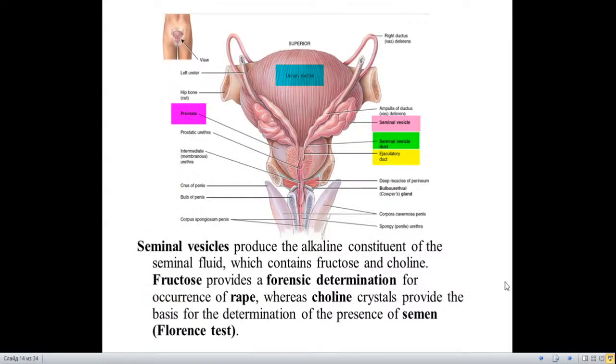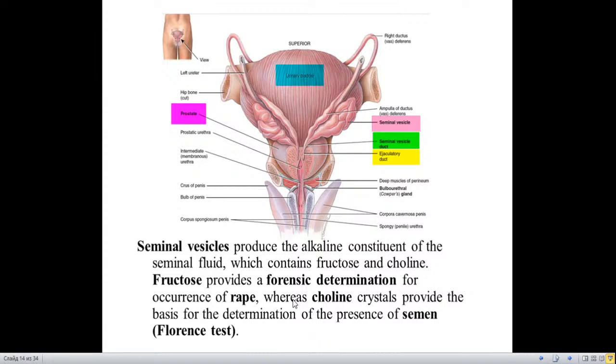And one more time about the seminal vesicles. You see, it is an exocrine gland, so it has an excretory duct. This duct joins the terminal segment of the ductus deferens to form the ductus ejaculatorius, which opens to the male urethra. And some biochemical features of the secretion of the seminal vesicles can be used in forensic medicine, as it is described here.